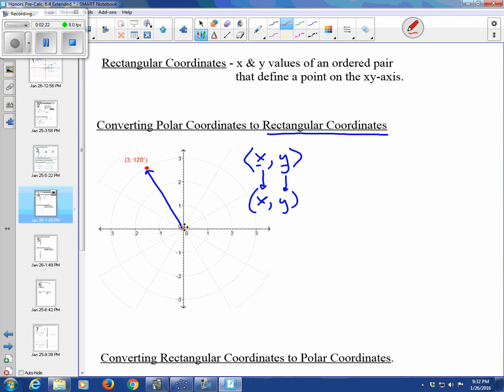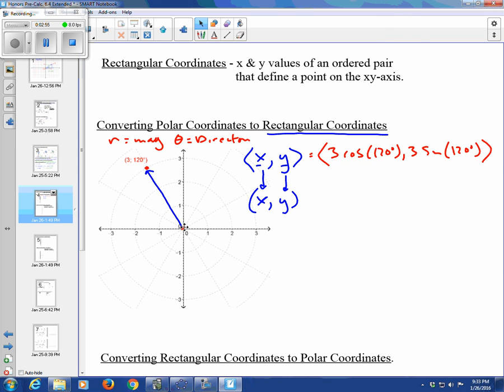So if we think about r as being magnitude and theta as being direction for a vector, we can say that the component form of the vector extending from the origin to this point would be 3 cosine of 120 degrees, 3 sine of 120 degrees, where 3 cosine of 120 degrees is the horizontal component and 3 sine of 120 degrees is the vertical component.